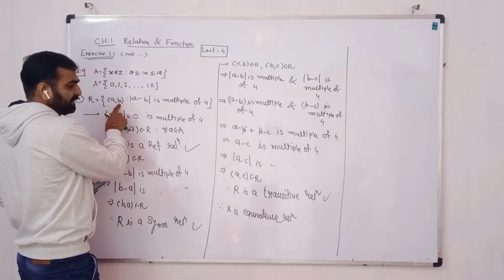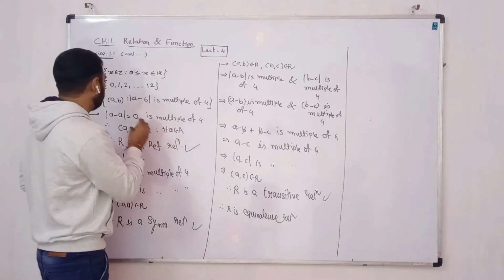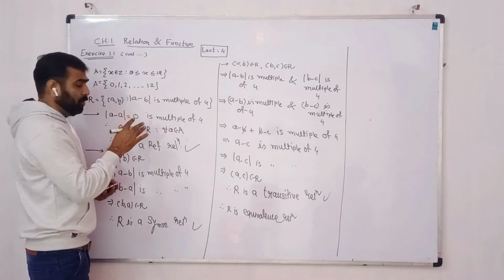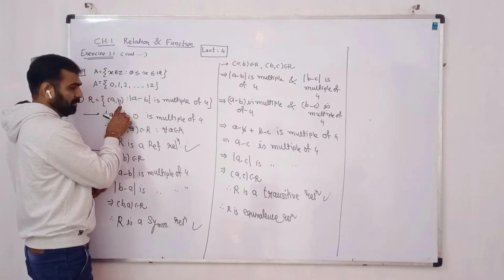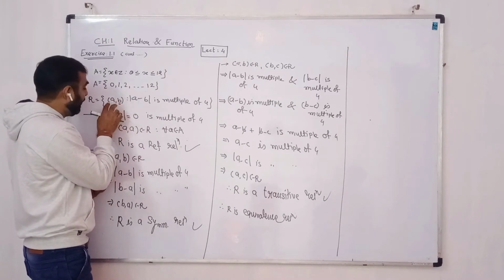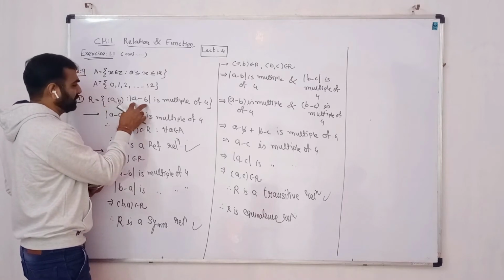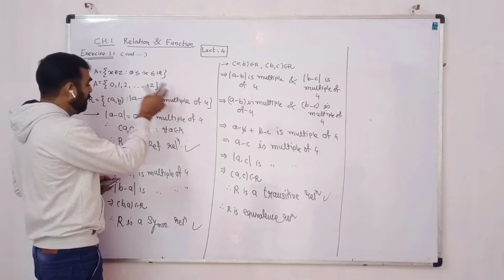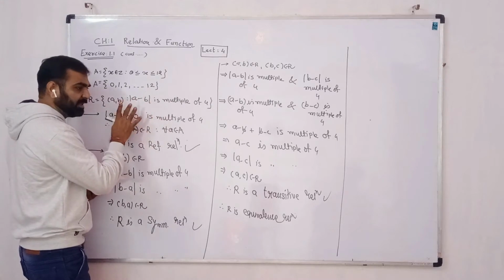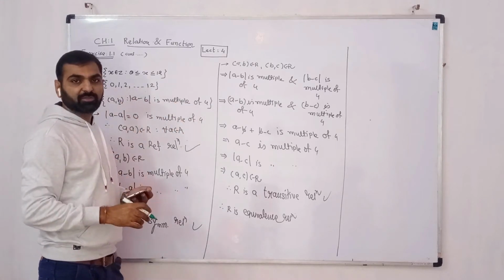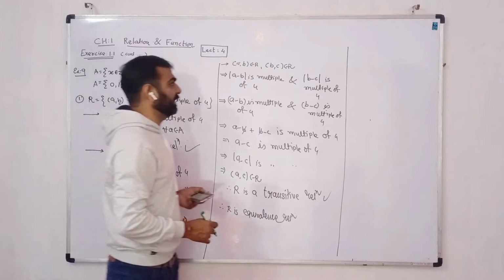A और B में से एक नंबर आपको दे दिया है. सपोज B इज इक्वल टू 1 दिया है मान लो. तो A and B के बीच में रिलेशन क्या है? जिसका मॉड्यूलस ऑफ सब्ट्रैक्शन A minus B is multiple of 4. तो B इज इक्वल टू सपोज 1 दे दिया है, तो mod of A minus B is multiple of 4 होना चाहिए.